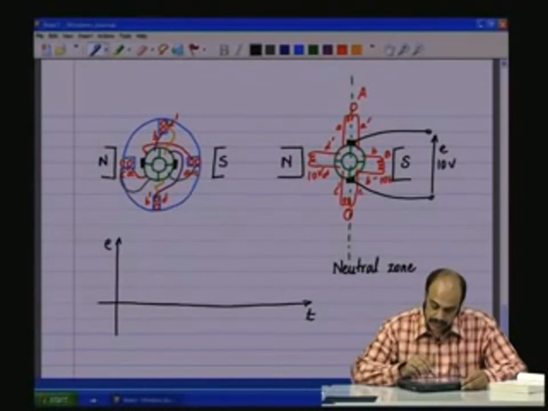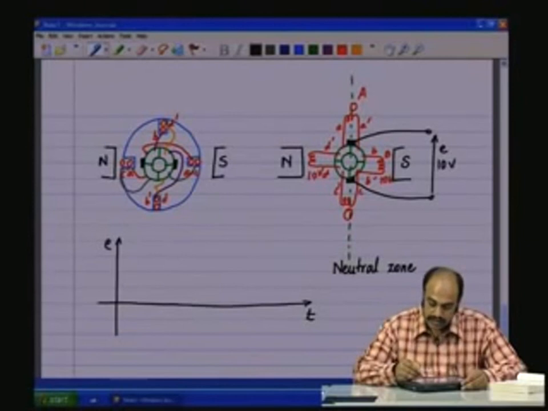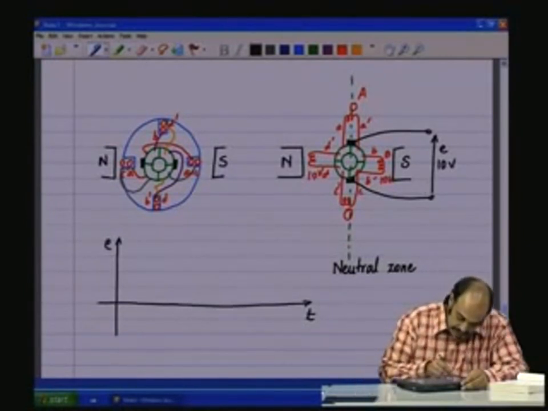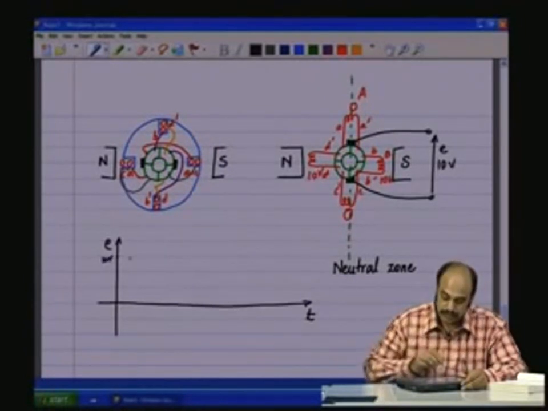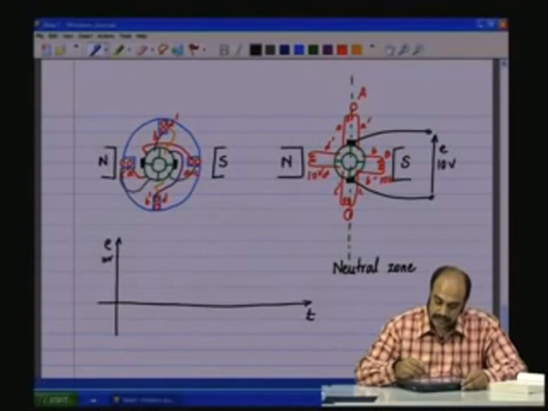So D is having maximum 10 volts, let us say, the coil D. Coil B is also having 10 volts. What is appearing across the brushes is 10 volts, and let us mark that as 10 volts at this position.